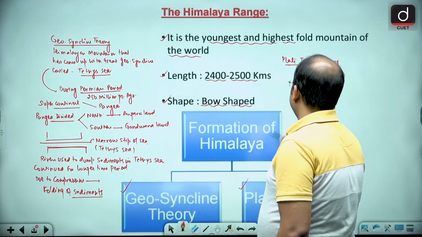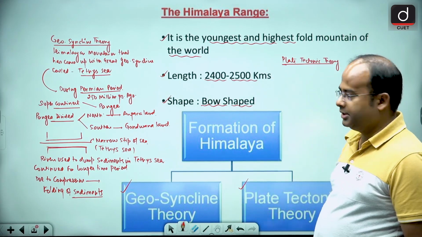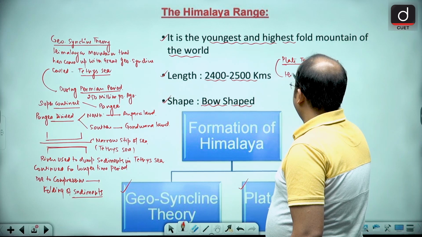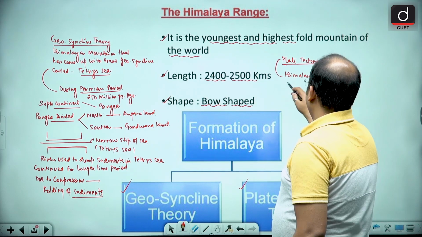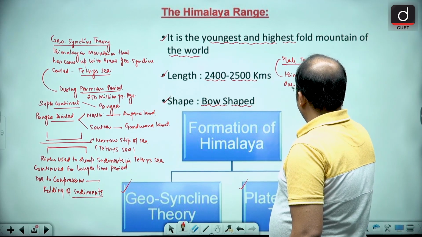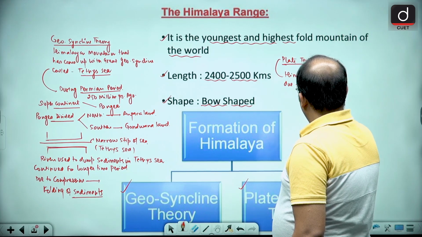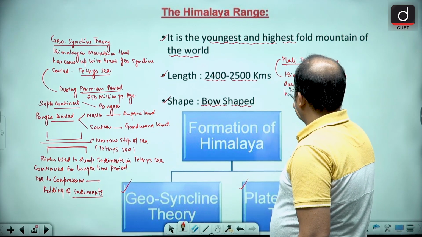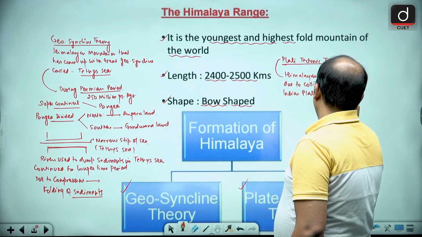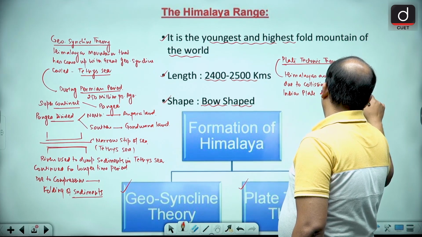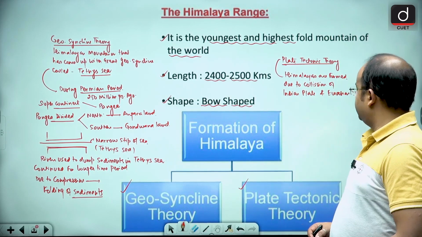In plate tectonic theory, it is said that the Himalayas are formed due to the collision of the Indian plate and the Eurasian plate.